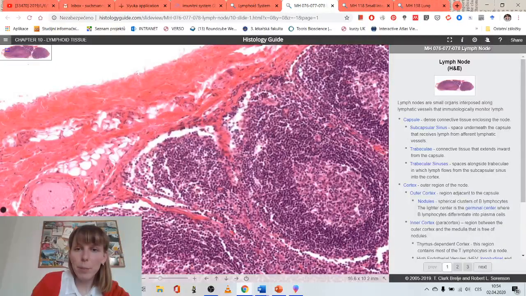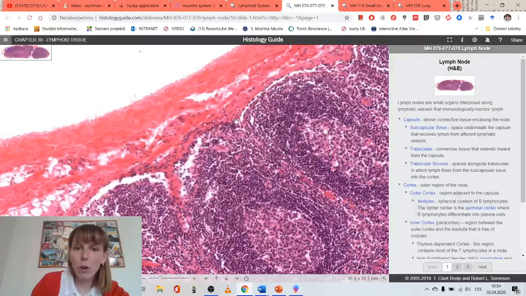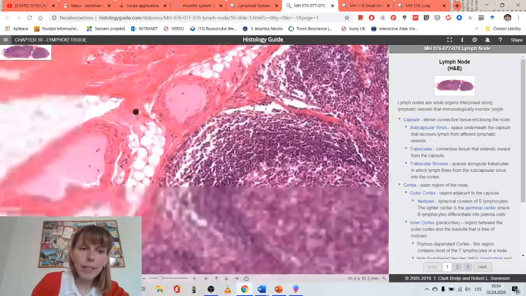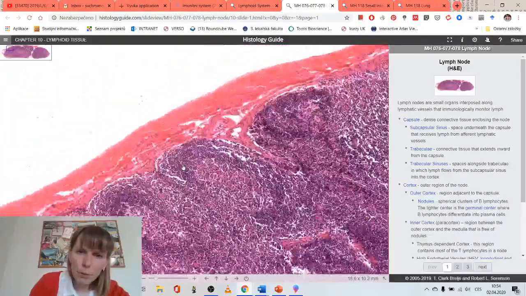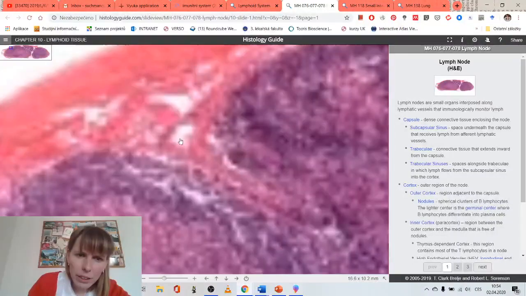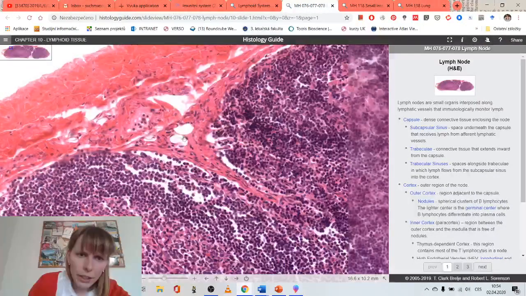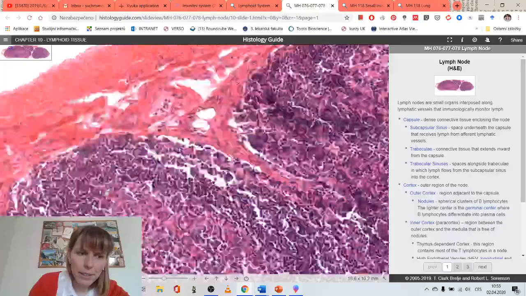These empty spaces right below the capsule are the sinuses. So the lymph is coming in from the capsule. So these could be the afferent lymph vessels, and this is the subcapsular sinus.